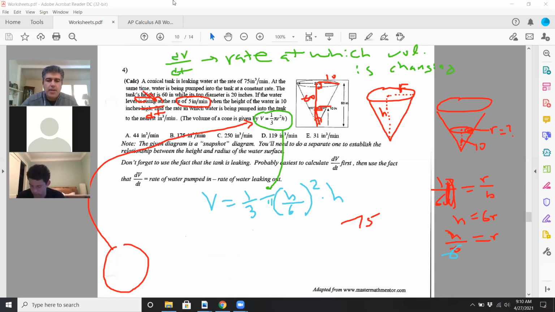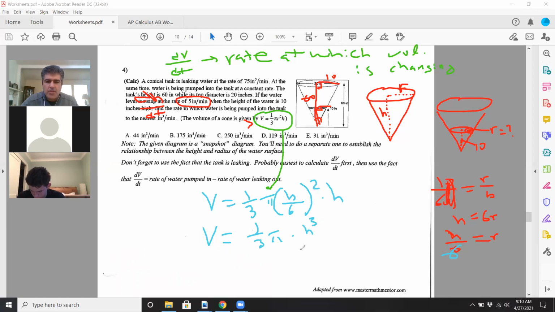And let's go ahead and erase the stuff here. Okay. So now we're going to start doing the calculus. V equals 1/3 pi times H cubed, because you have H squared times H over 36. That's 108.